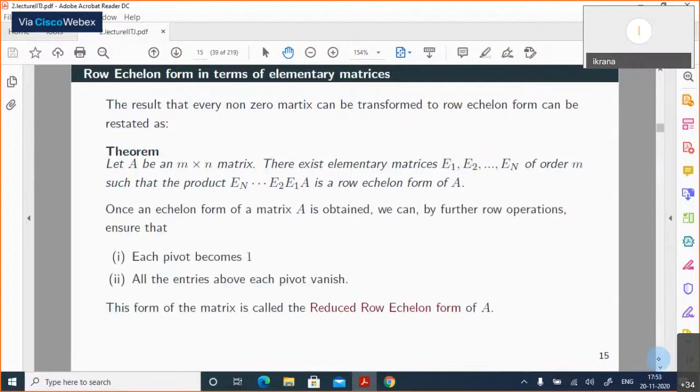Okay. One can actually continue this process a bit more. The first non-zero entry in a row of the row equivalent form is normally called a pivot. I don't know if I said that or not, but anyway.